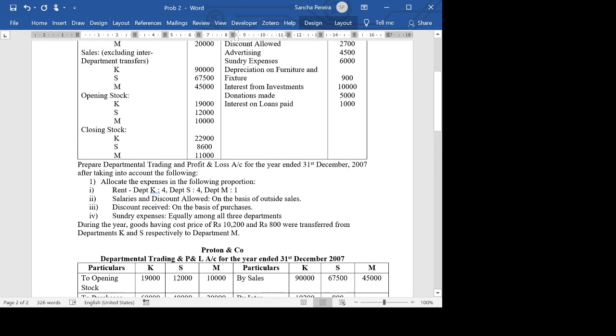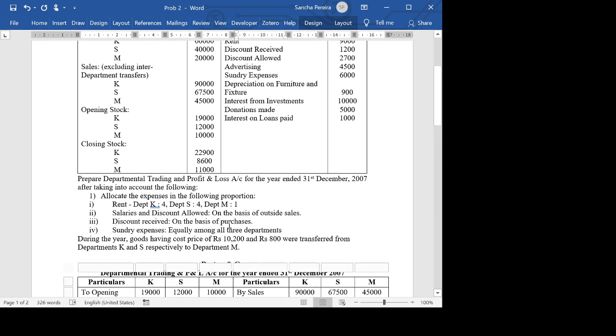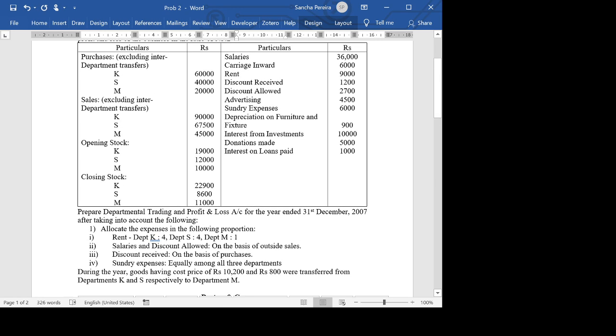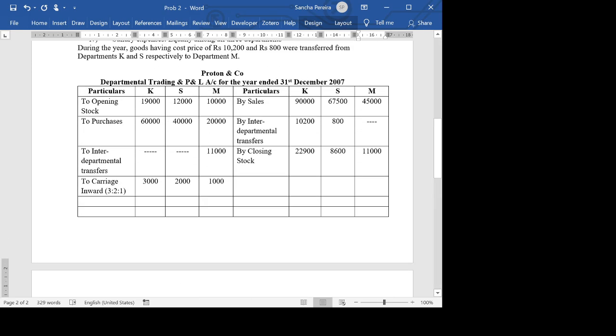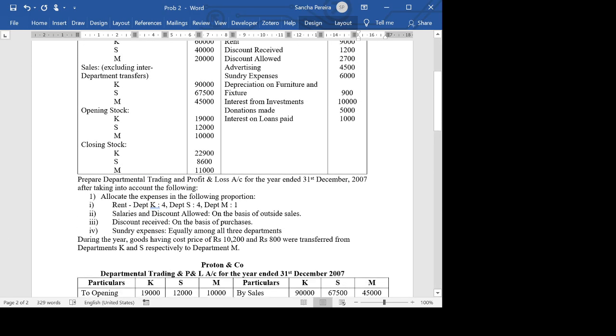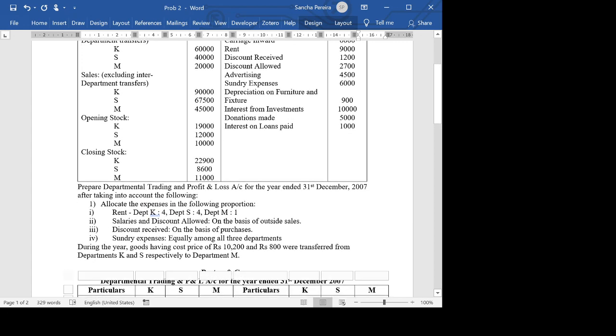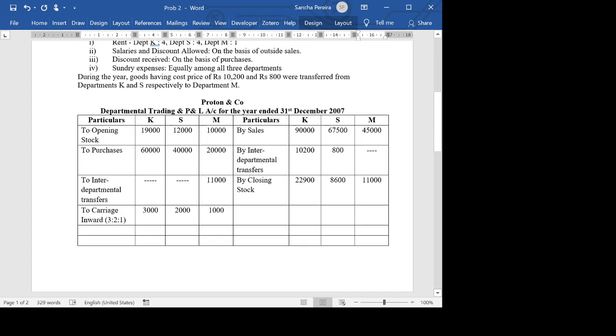So how much is the discount received? They've told us discount received also on the basis of purchases. 1,200. So 1,200 divided by 6 is 200. So it will be 600, 400, and 200. Then we also have discount allowed. Discount allowed is 2,700.